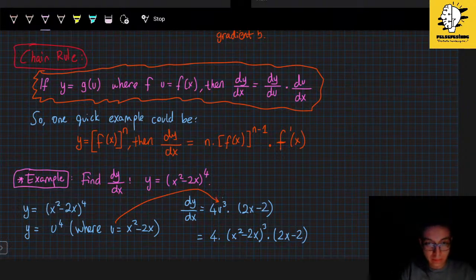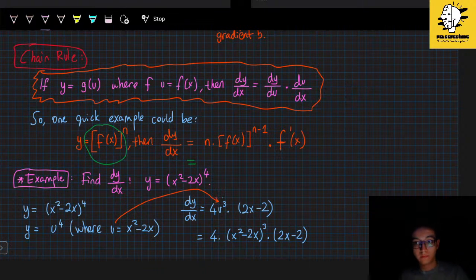Let's give it a quick example, okay? And then if we actually see this function here, we can do it this way. You don't have to memorize this, okay? But let's take the derivative of f(x) to the power of n. Let's take its derivative first.